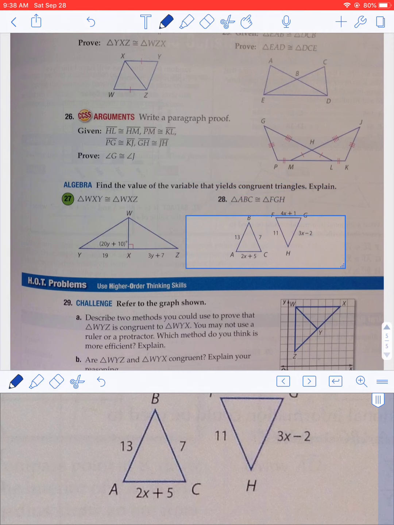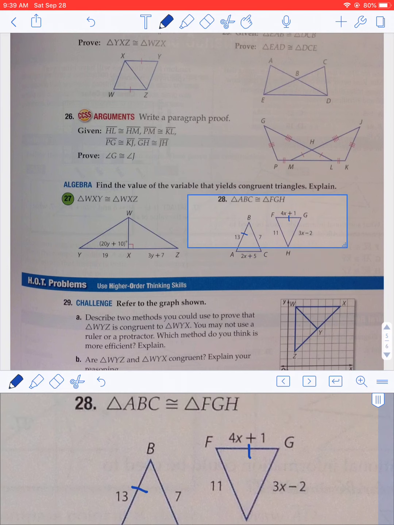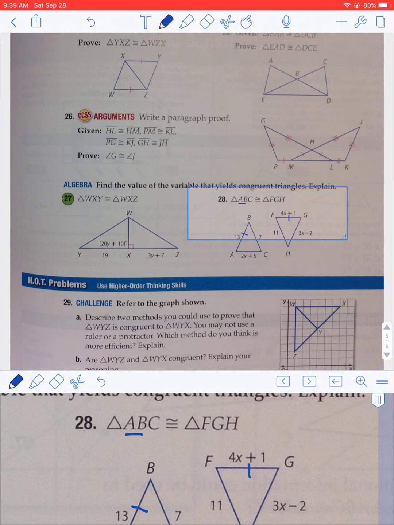Because I have that congruency statement, I am able to figure out which sides are congruent to each other and which angles are congruent to each other. From this congruency statement, I know AB is congruent to FG because they're the first and second letters listed in my congruency statement up here, AB, FG.